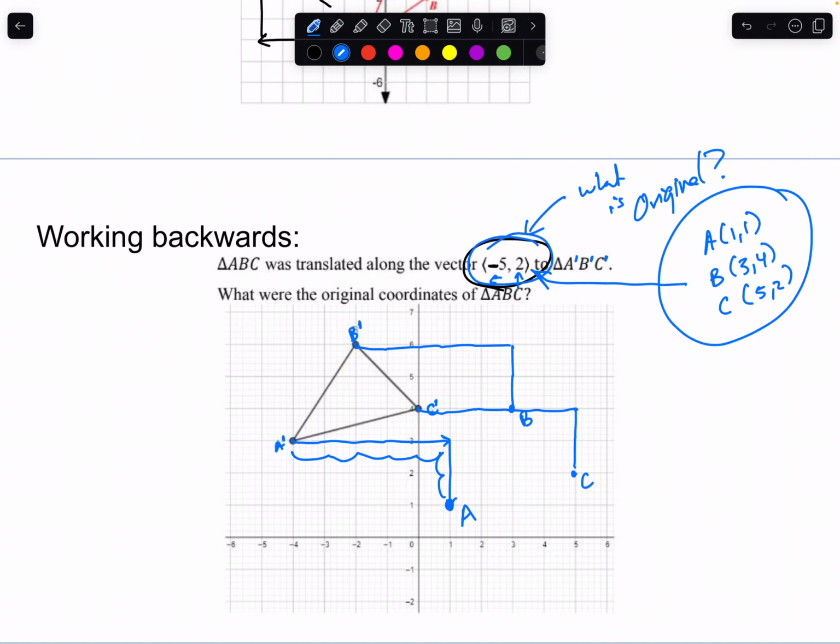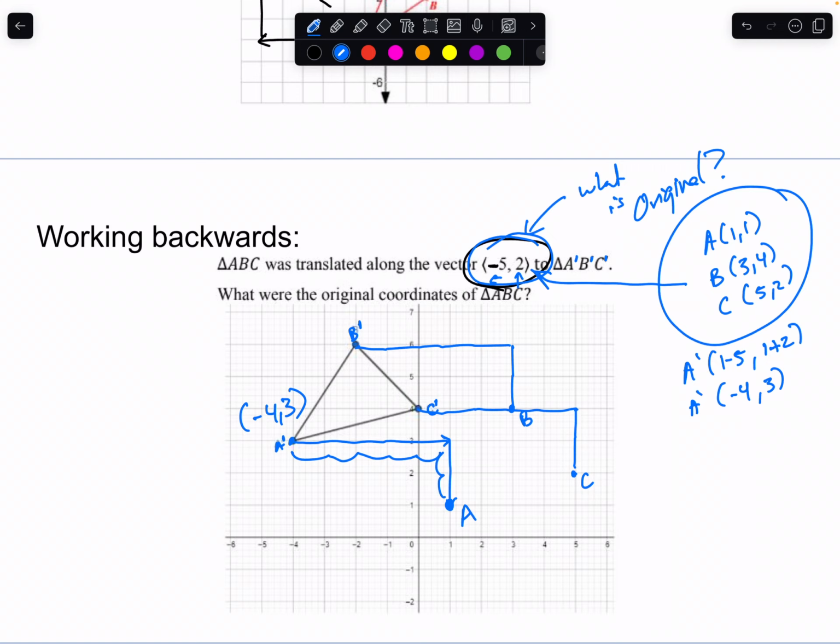Can I take A and say, to get A prime, I can say 1 minus 5 and 1 plus 2. That would give me negative 4, 3. Is that true? If I go negative 4, 3, yeah, that's exactly where we landed.